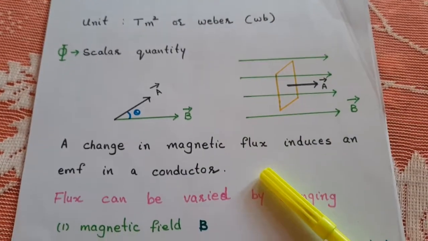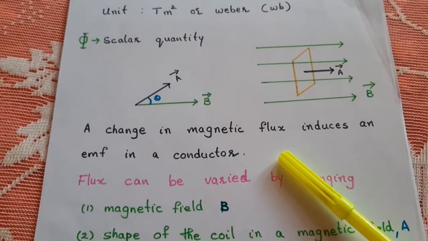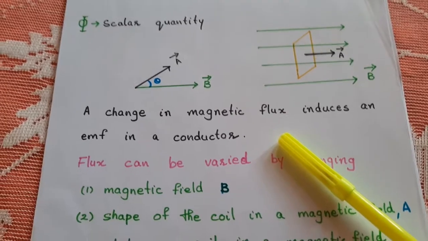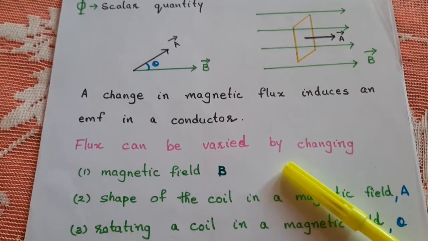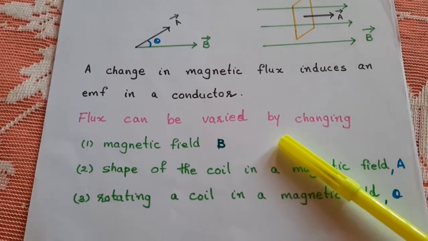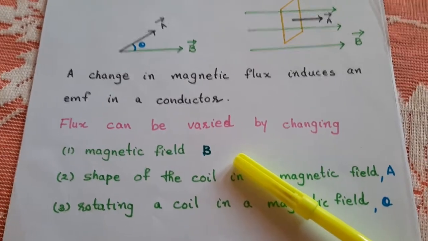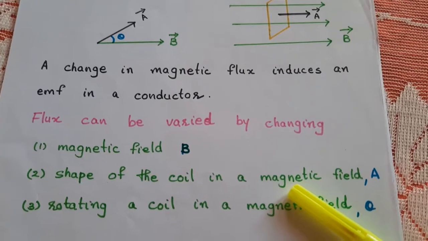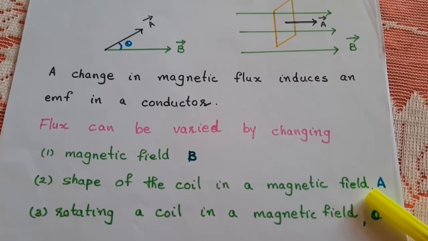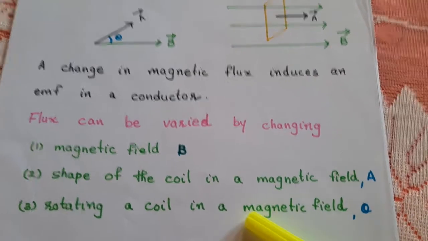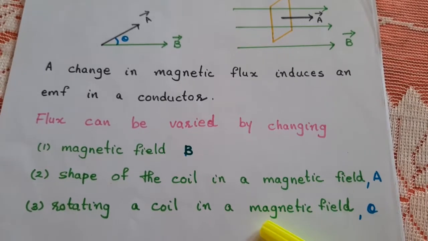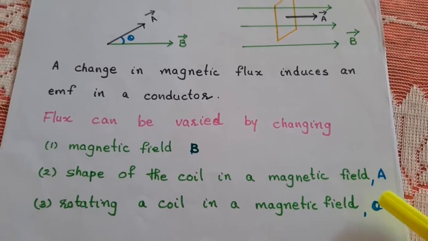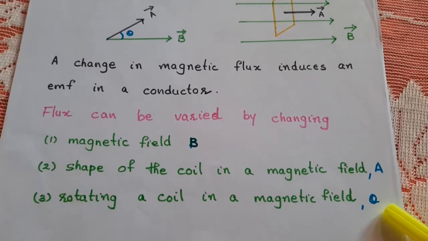A change in magnetic flux induces an EMF in a conductor. The flux can be varied by varying the magnetic field, or the shape of the coil in a magnetic field, that is the area of the coil, or by rotating the coil in a magnetic field, that is by changing the orientation theta.